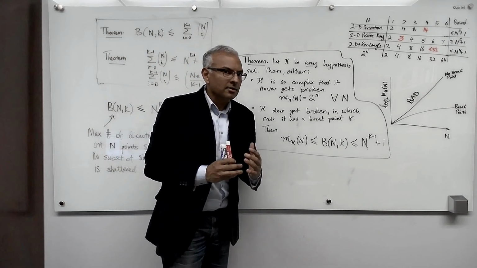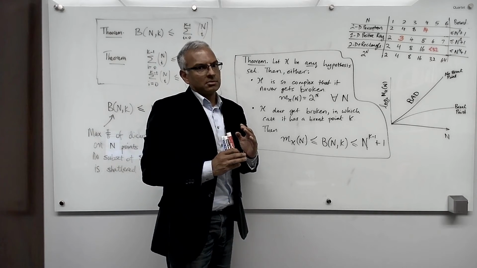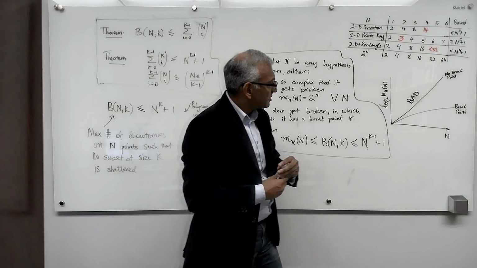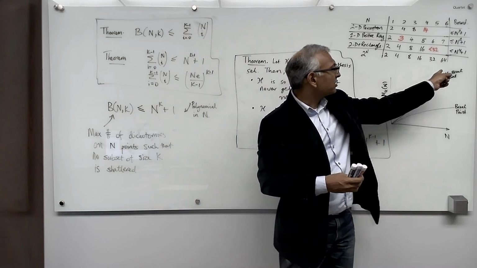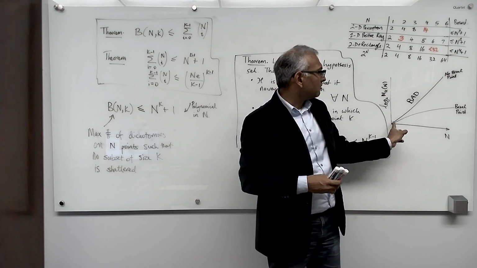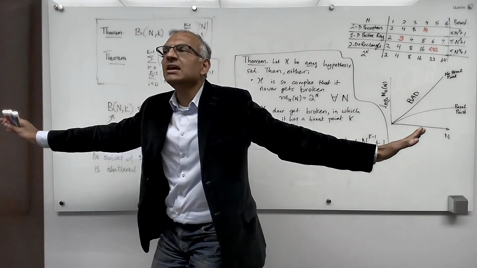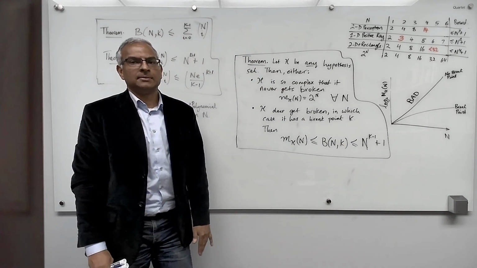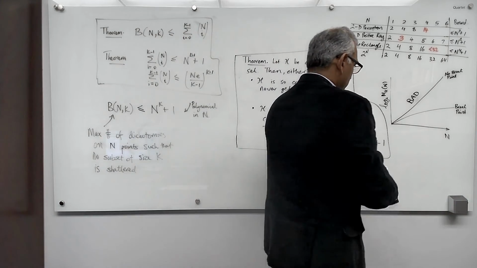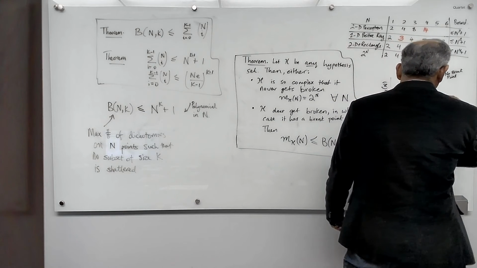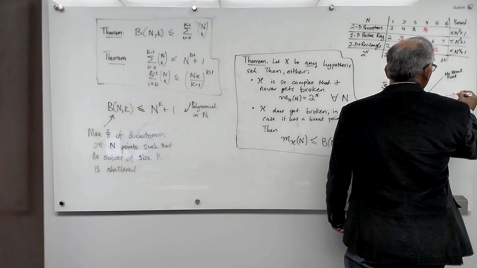But the other observation is also very interesting. There's the logarithm of the growth function growing linearly, and there's the logarithm of the growth function going like log n. There's nothing in between. So you might ask, what about the square root of n?